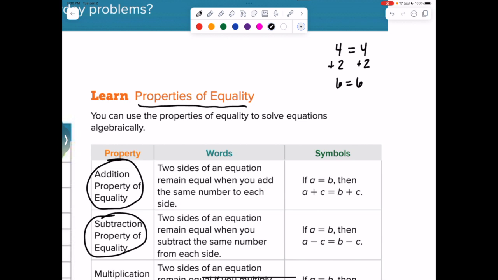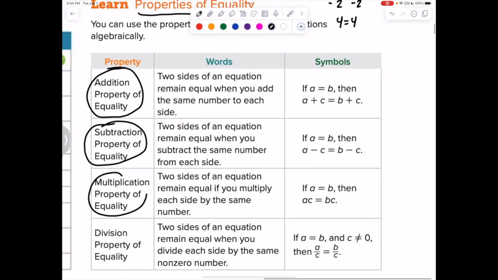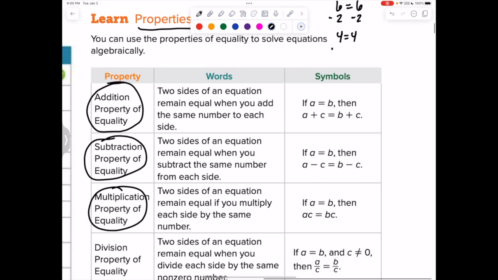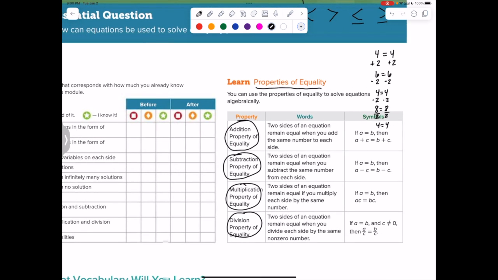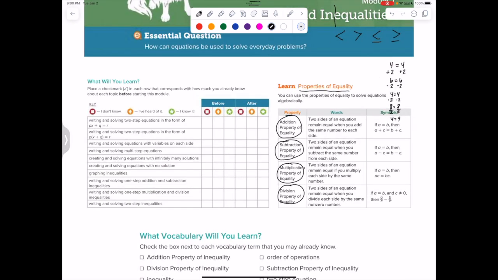Subtraction property says if I subtract the same thing from both sides, I still end up with the same thing. Same thing with multiplication. If I multiply the same thing to both sides, I still end up with an equivalent statement. And if I divide both sides by 2, I still end up with an equivalent statement. Okay, and so that's the properties of equality.